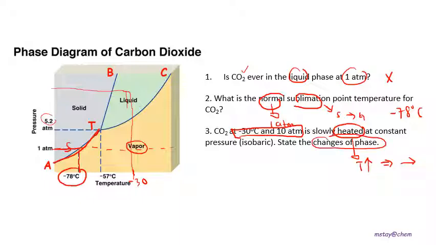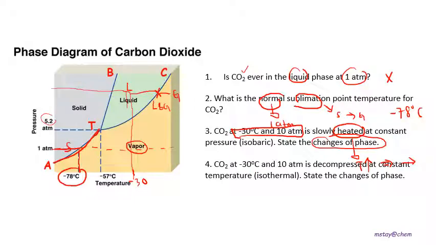Here we are at the liquid, and we keep on heating until one moment, here, we get a mixture of liquid and gas. If we continue heating, the carbon dioxide will exist in the gas phase.